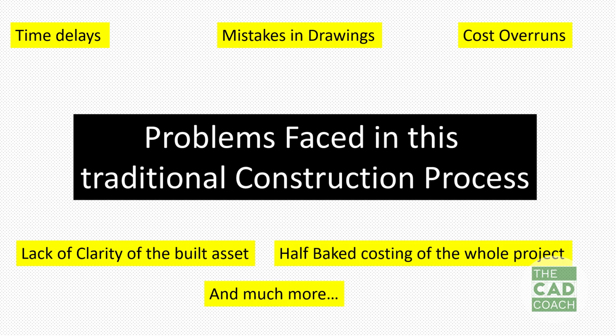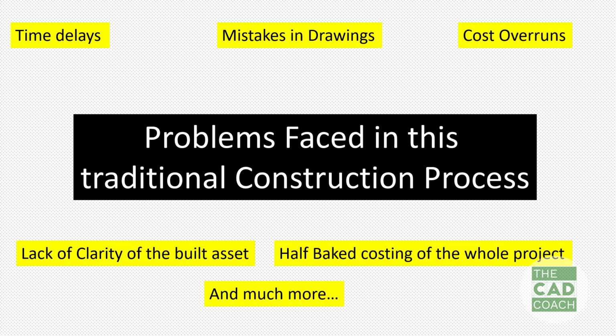And in this whole process, even though everyone is in the meeting and everyone is being coordinated, still, till the construction is complete, nobody understands what is going to be built, how it is going to be built, and what all is going to be there. Apart from that, these mistakes happen: time delays, mistakes in drawings, cost overruns, lack of clarity in the built asset, half-baked costing of the whole project, and much more.